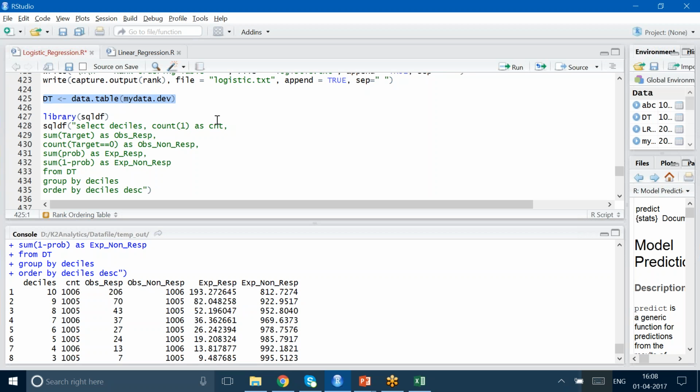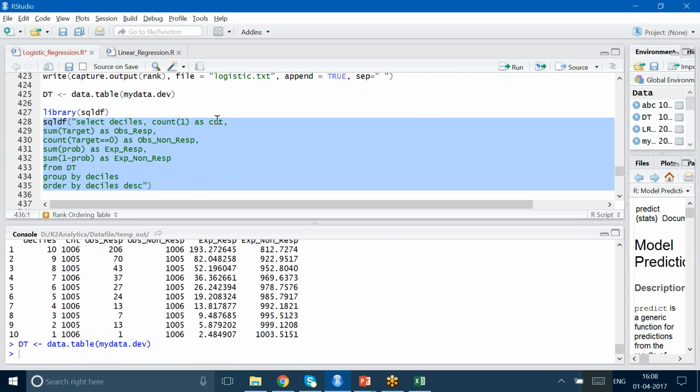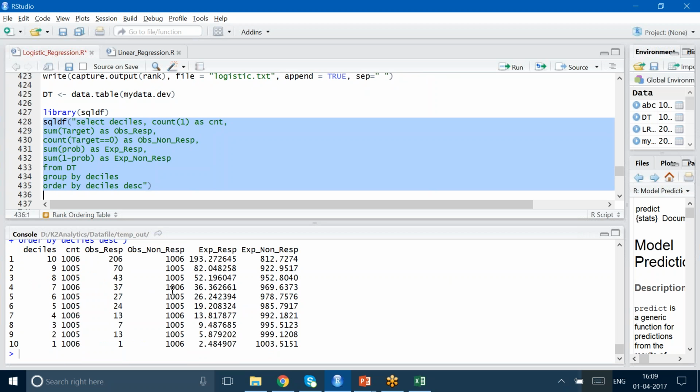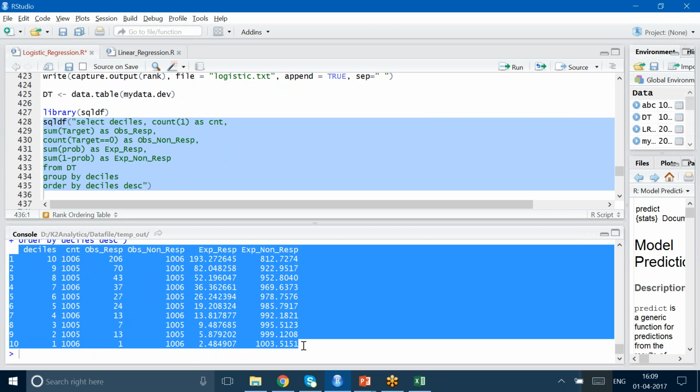So what I'm trying to do is convert this mydata.dev, casting it to a data table, and with that data table I'm running the syntax. Ideally that code should have run with a data frame also, no idea why. Now this is how I get my chi-square table.